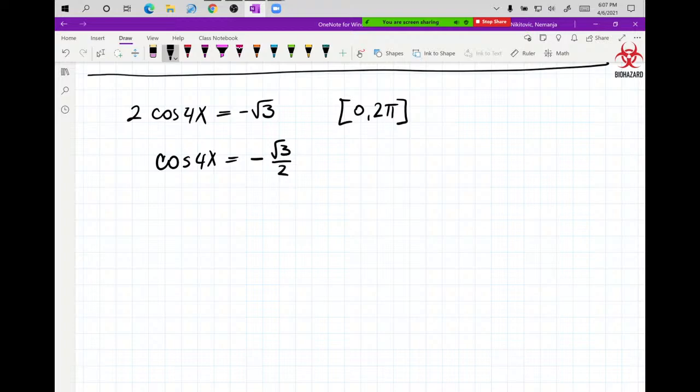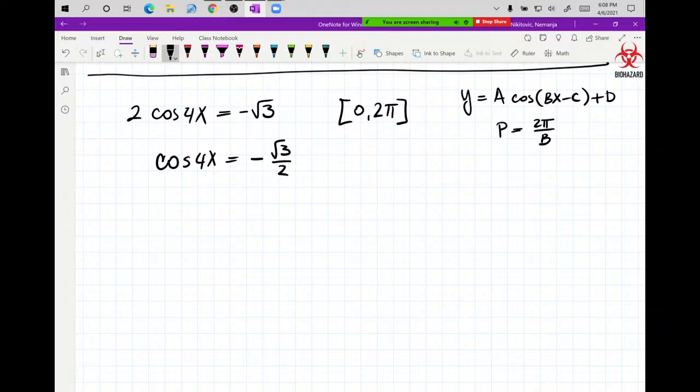Because I want to know how many solutions I need to have in this particular problem. All right, so we remember the form for our graphs from chapter 4, which was a cosine bx minus c plus d. And we know that this b is related to the period.